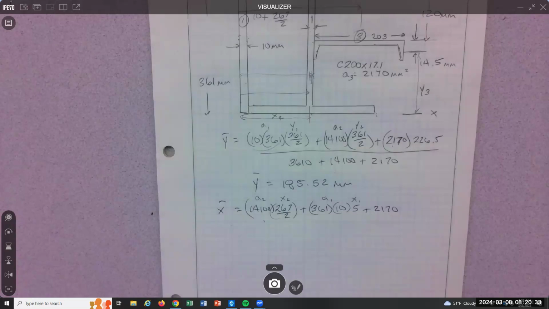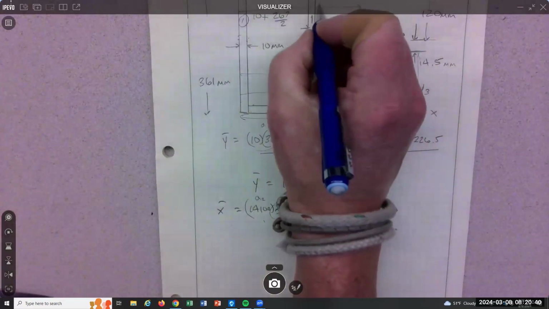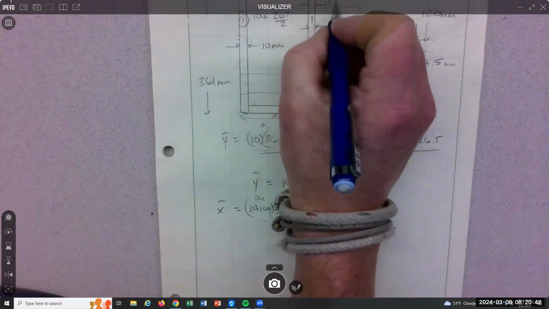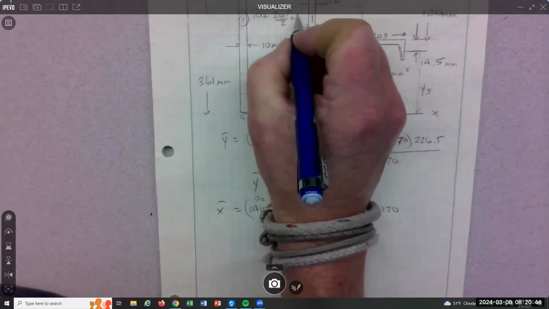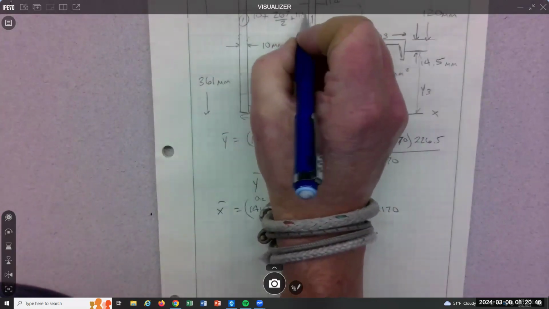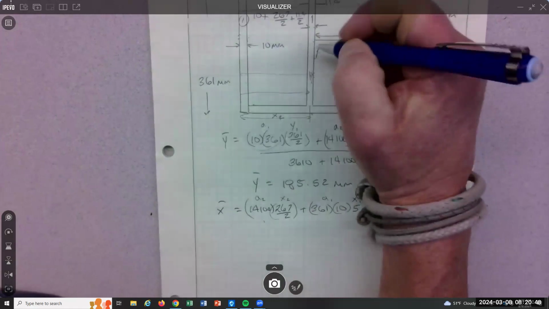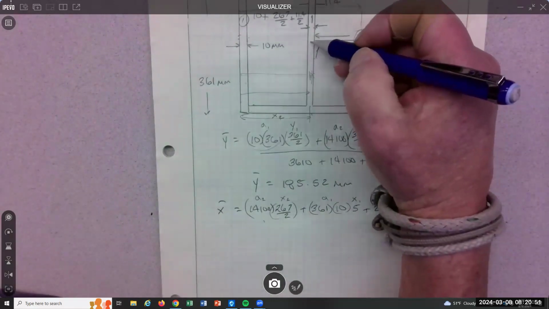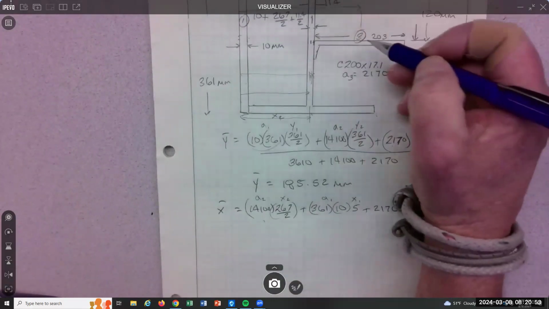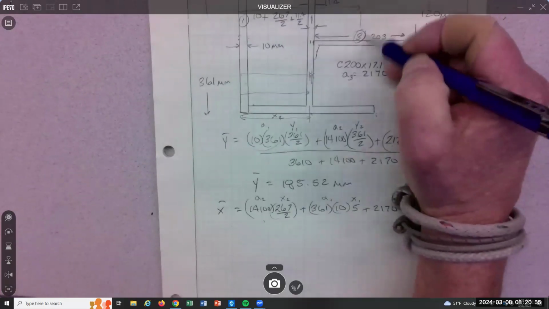T sub W is the thickness of the web, 11.4. So this whole thing is 11.4. So I'm gonna add half of that, 11.4 divided by 2. Right? Because now I'm here, and now I'm here, and now I can add half of the 203 to get to there.